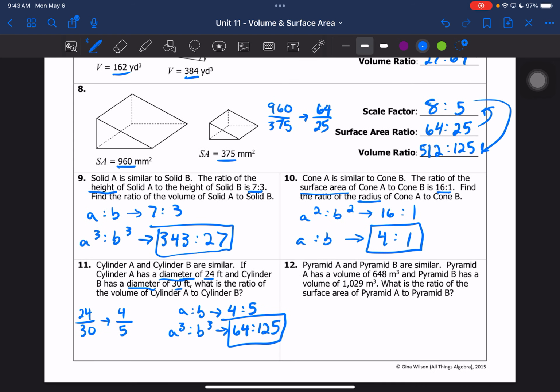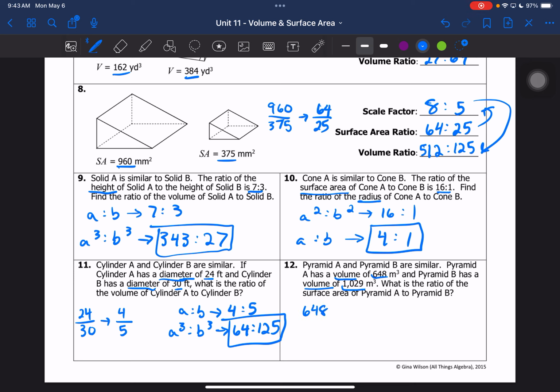Number 12 says Pyramid A and Pyramid B are similar. Pyramid A has a volume of 648 meters cubed, and Pyramid B has a volume of 1,029 meters cubed. What is the ratio of the surface area of Pyramid A to Pyramid B? So we are given the two volumes. So we can find the volume ratio based on the measurements that they gave us, the 648 and 1,029.